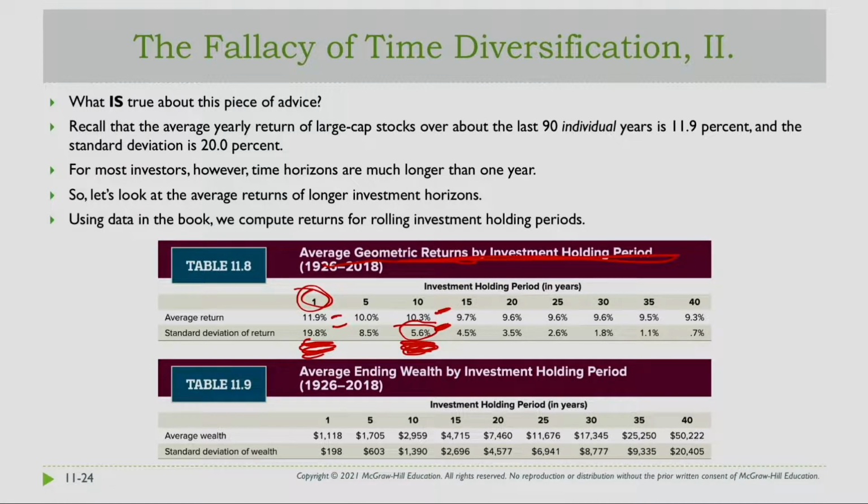And as we extend that 20 years out here, we lose a little bit in the return, but then our standard deviation still drops. And in fact, if we get out to 40 years, our returns drop by just a little tiny bit, 9.3% now. But look at what happens to the standard deviation of returns. For all intents and purposes, it's zero.